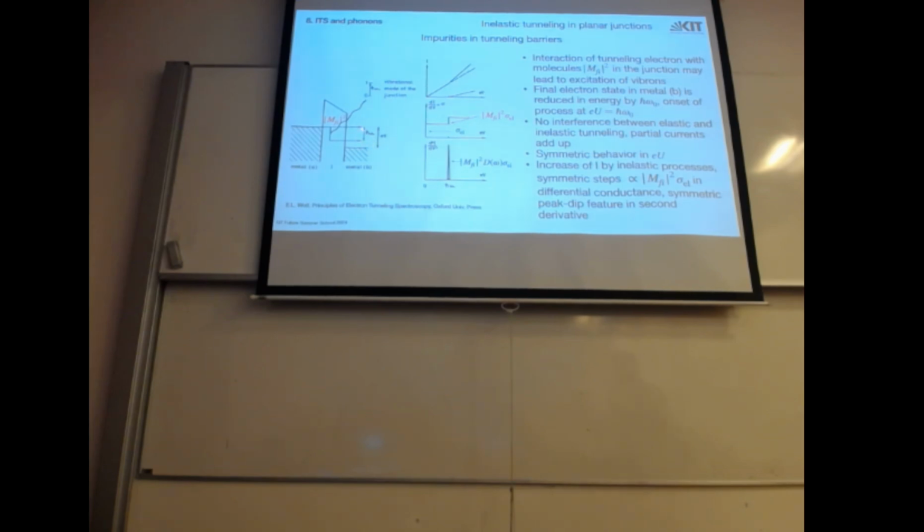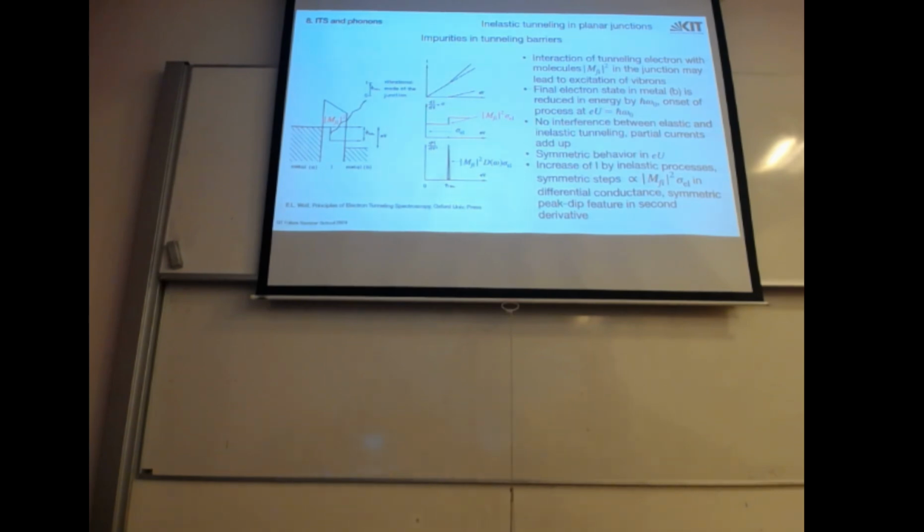So obviously this process cannot happen if the bias voltage is lower than h bar omega. Then this final electron state would be here inside the Fermi sea, and the state is occupied. So you have a switch. If eV, the bias voltage energy, is large enough so that the final state electron is unoccupied, this inelastic process will switch on.